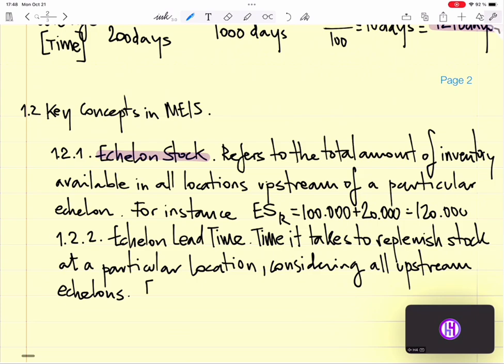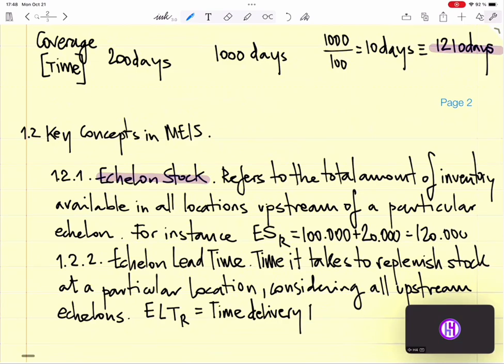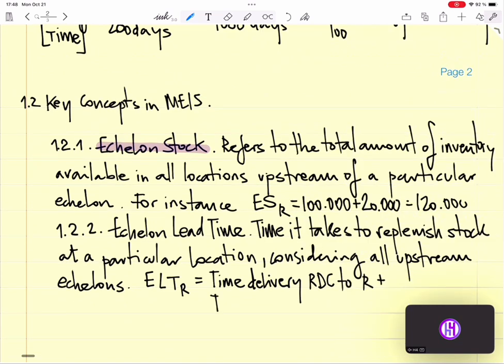So the echelon lead time for the retailer is the delivery time from distribution center to retailer plus the delivery time from factory to distribution center.